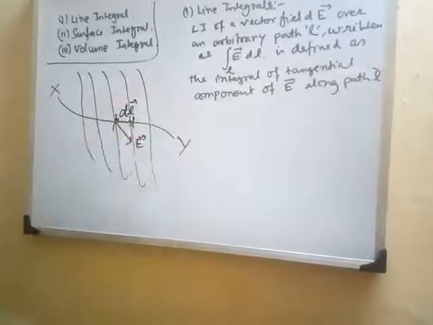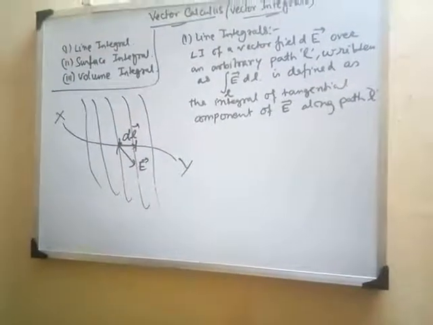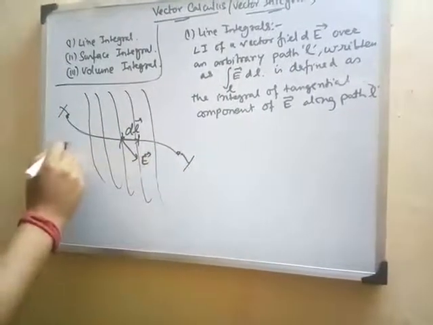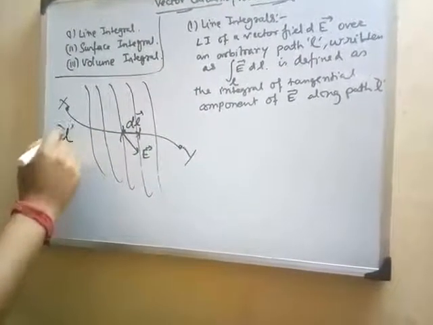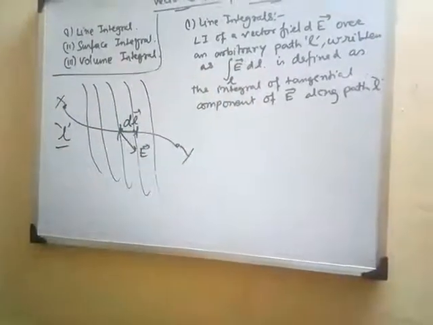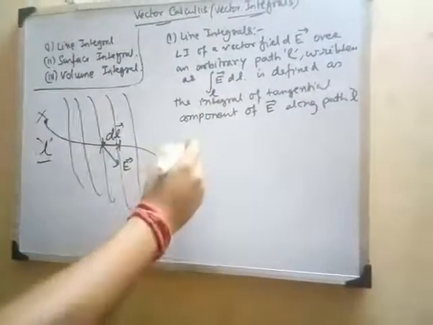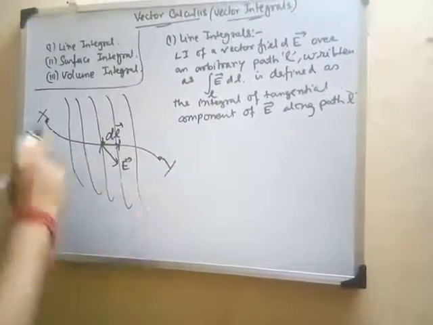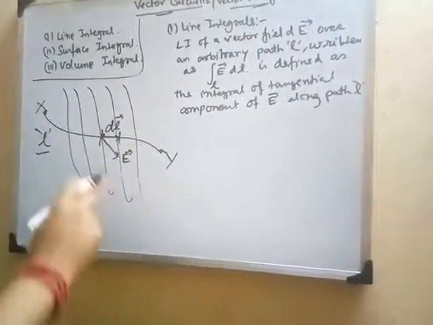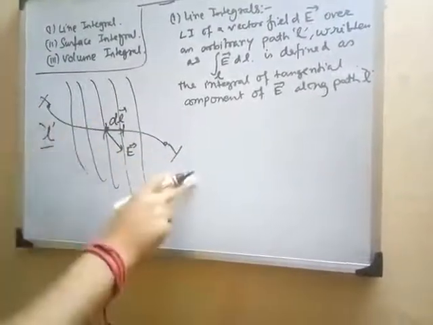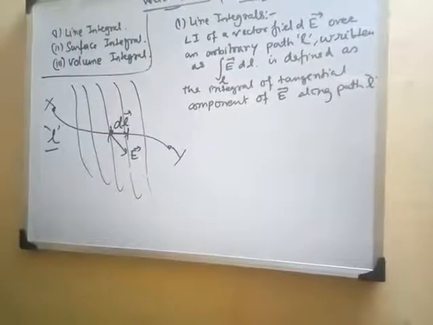Now the full path from x to y, suppose this is your L, the full L that I was talking about. In case of this xy, from x to y, x and y are the endpoints of path L. So L is the full line, and x and y are the two end points.